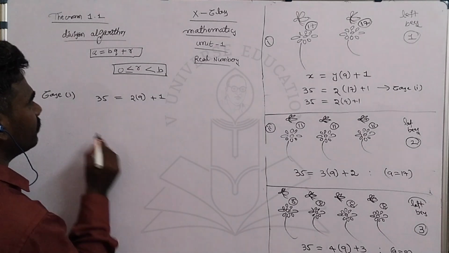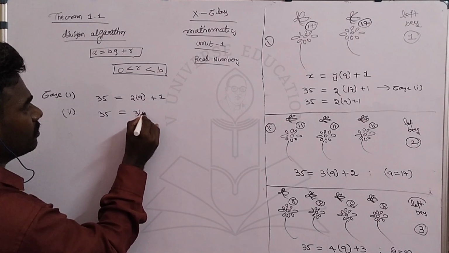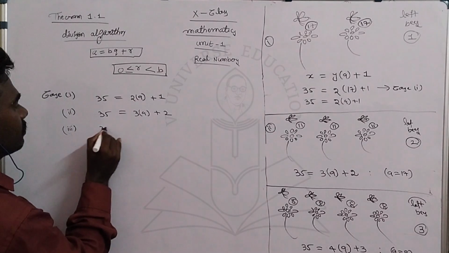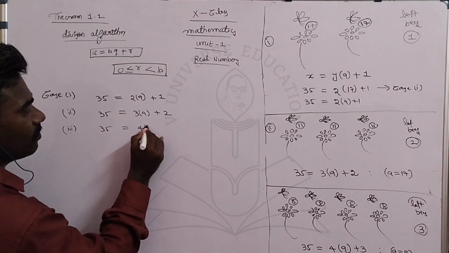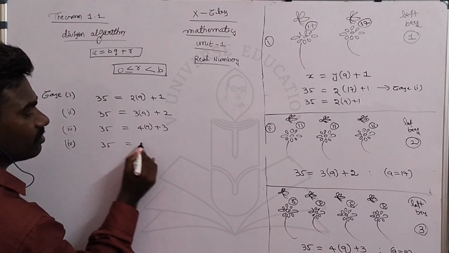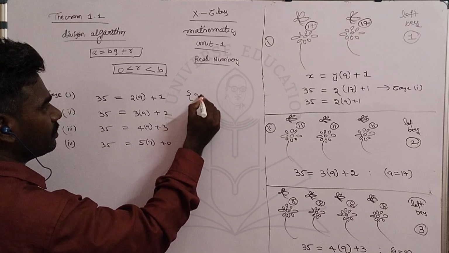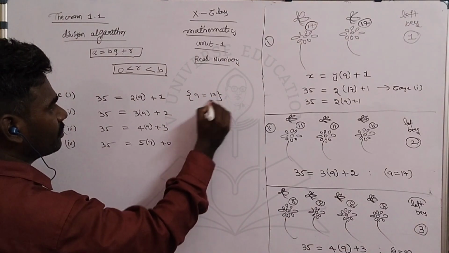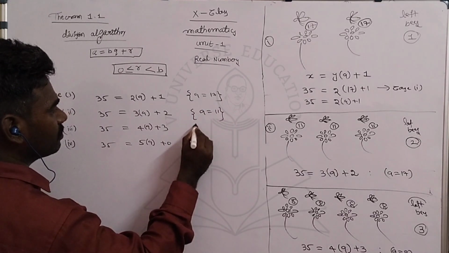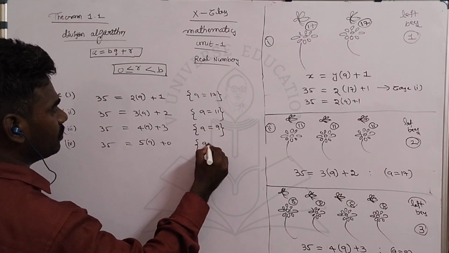In case 2, 35 is equal to 3a plus 2. Case 3, 35 is equal to 4a plus 3. Case 4, 35 is equal to 5a plus 0. So in case 1, a is equal to 17. Case 2, a is equal to 11. In this case a is equal to 9. In this case a is equal to 7.